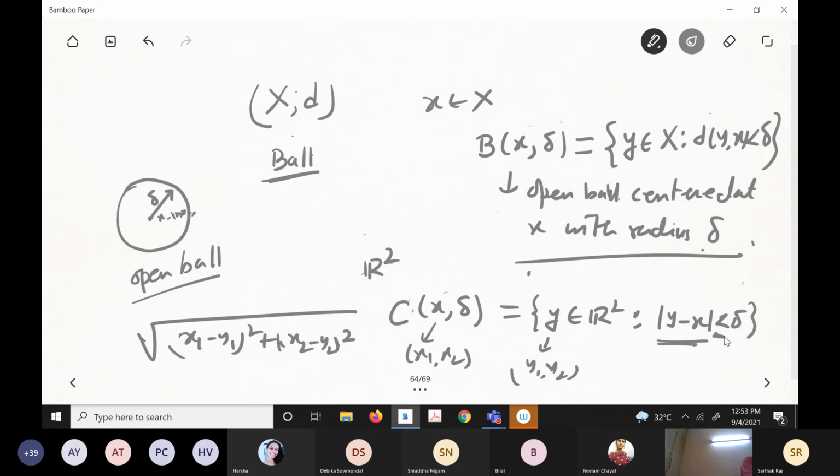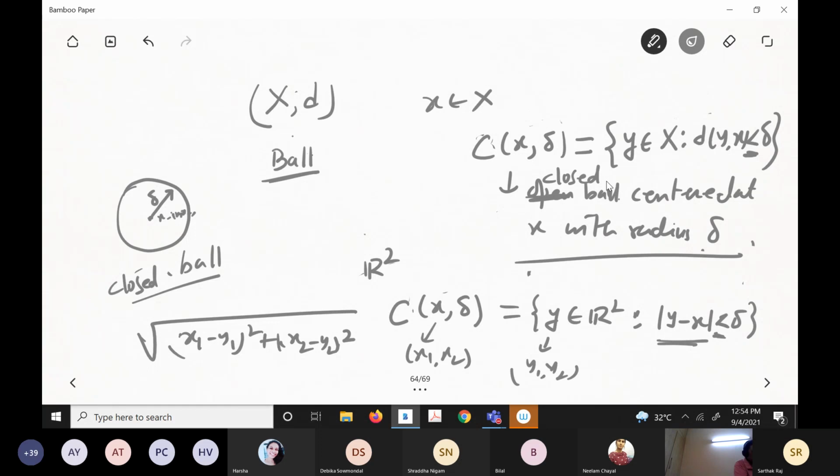If you take the closed ball, similarly, so that I can define your closed ball, what I will do is, here I will put less than or equal to delta. And instead of open, I will write closed ball.